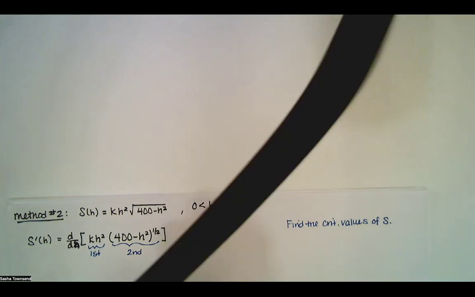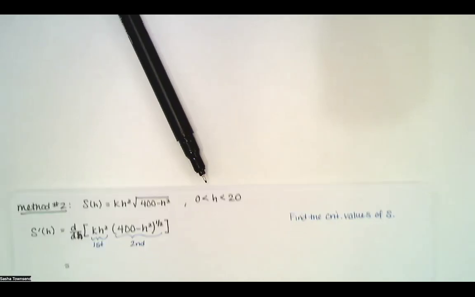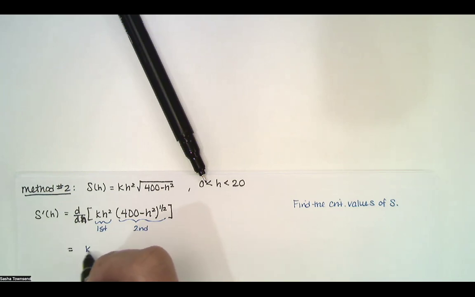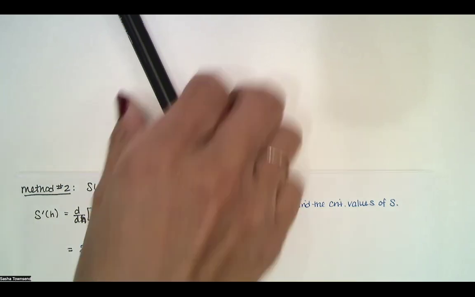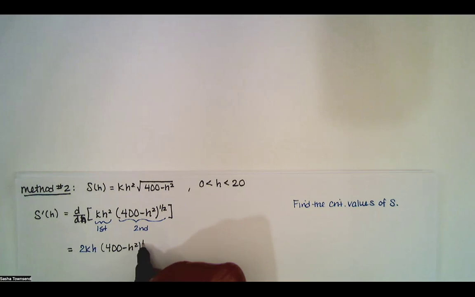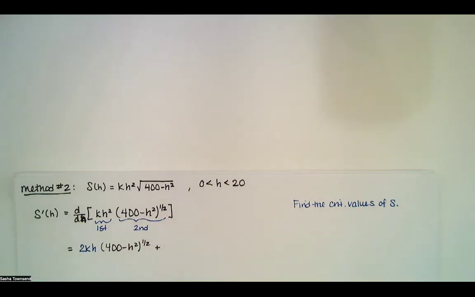When I take the derivative, I have to use the product rule. So we'll have the derivative of the first. k is just a constant. So the derivative of that first function with respect to h is k times the derivative of h squared, which is 2h, times the second function undifferentiated, plus the derivative of the second function times the first.